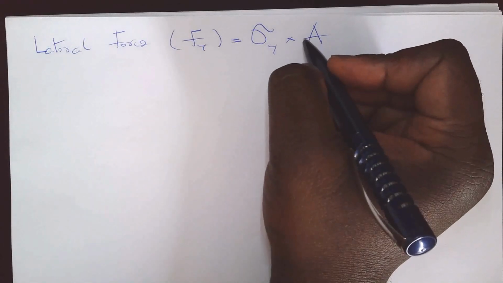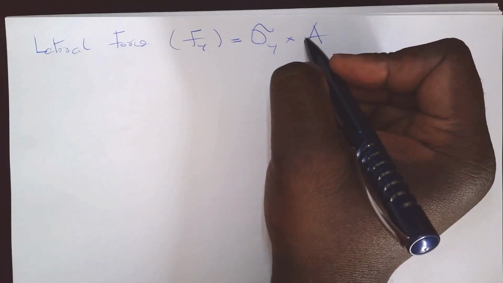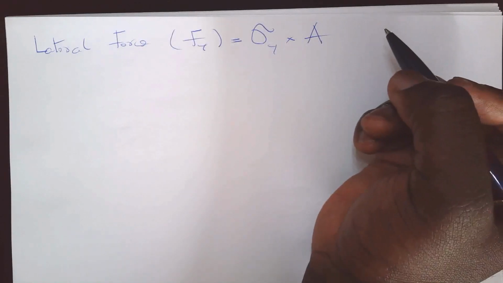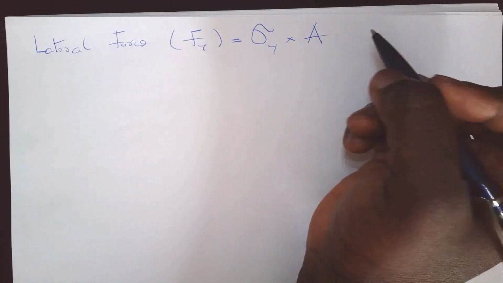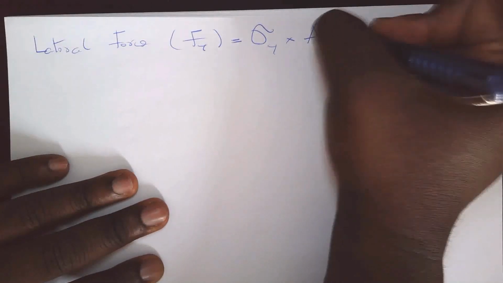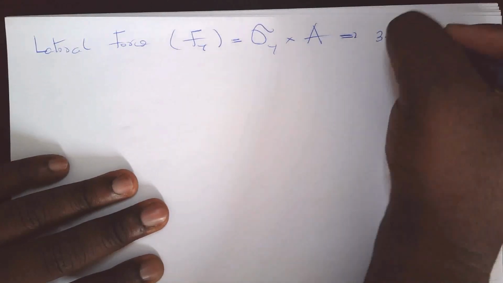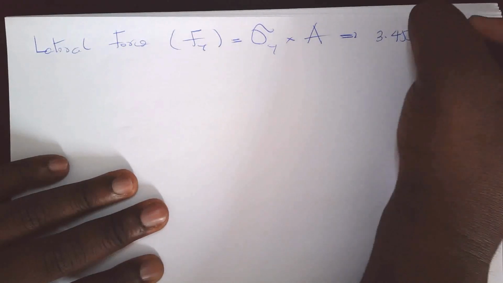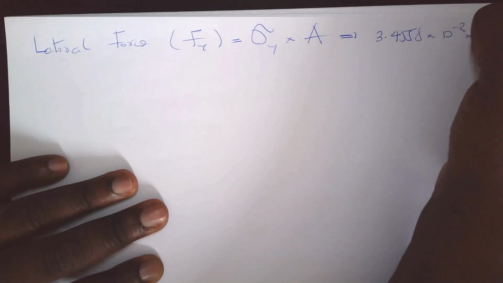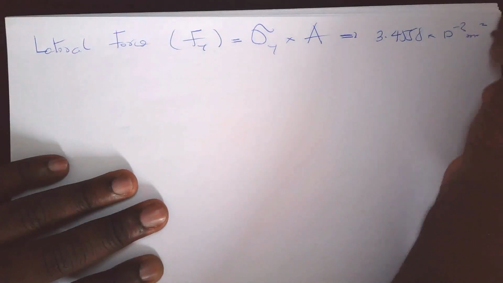Right. So we've already calculated the area of the pipe. Did we calculate the area? No, I don't think so. Yeah, we did. We calculated the area. Alright, so the area previously was 3.4558 times 10 to the power minus 3 meters squared.